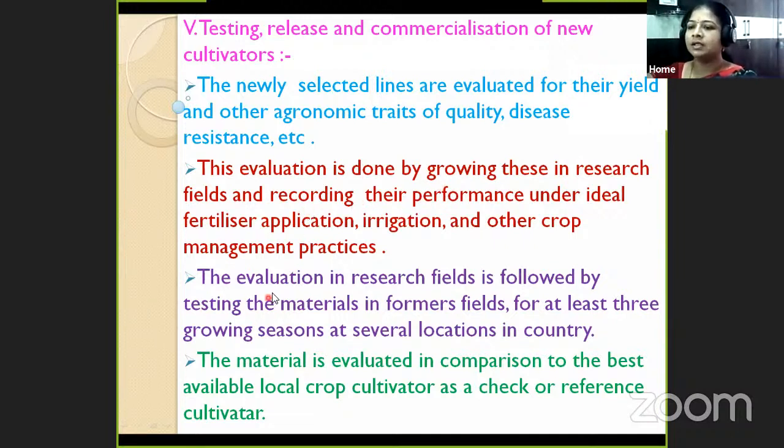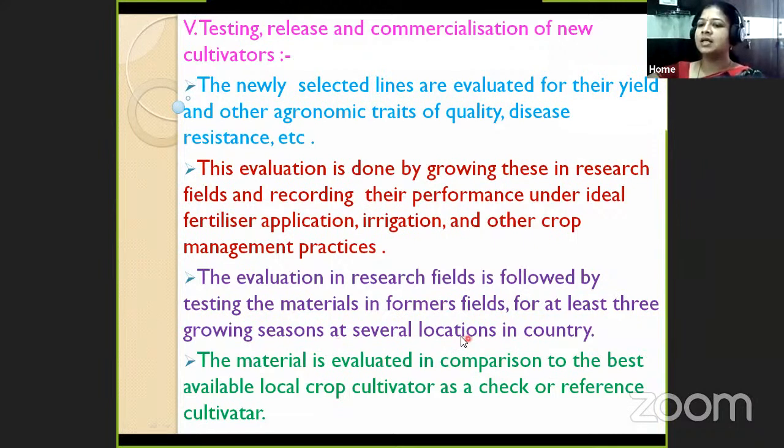Then after that, the material is transferred to the farmer field for at least 3 to 4 growing seasons at several locations in the country. This is called multi-locational trials.